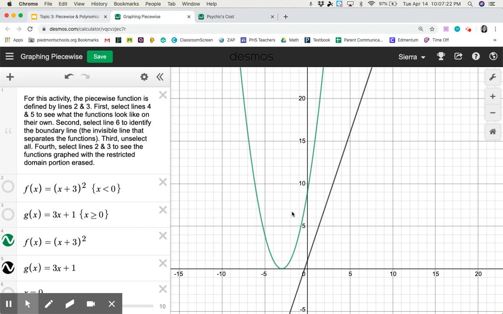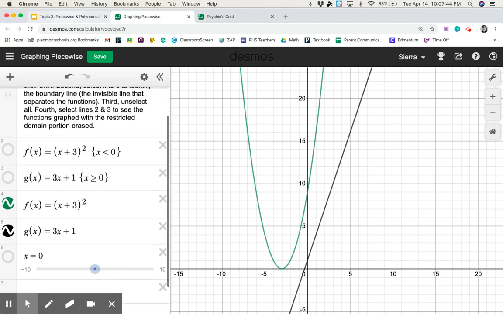But I can't overlap, right? This is supposed to combine into one singular function, and for something to be a function, those x values cannot duplicate. So this part where they're overlapping would have to go away. And that's whenever you set those boundary lines.